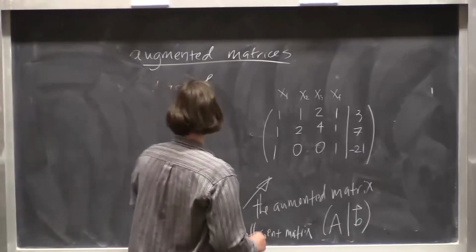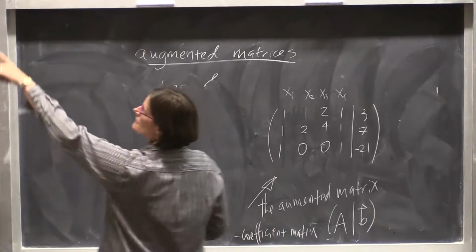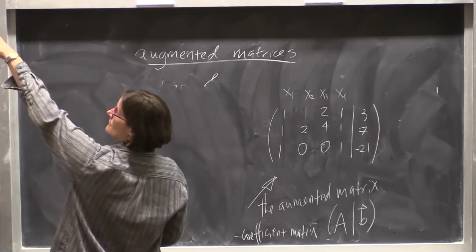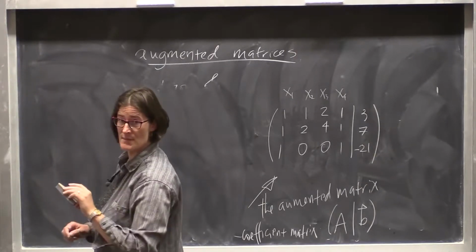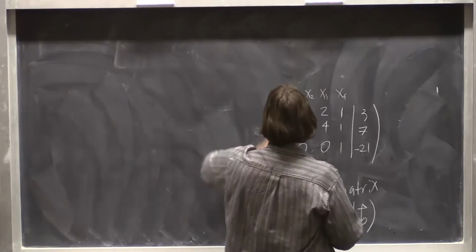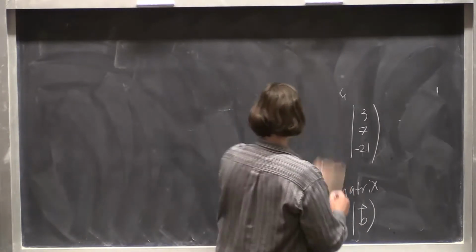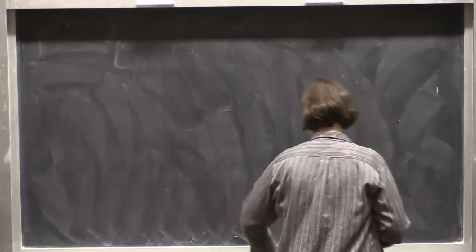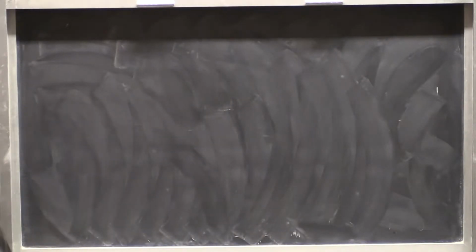So what we're going to do, should I plug this into that system? Or should I plug it into the original system? Original system. We're pretty sure we haven't made a mistake going from the reduced system to our solutions. We want to check it for the original system. So we're going to take that and plug it into the original system.